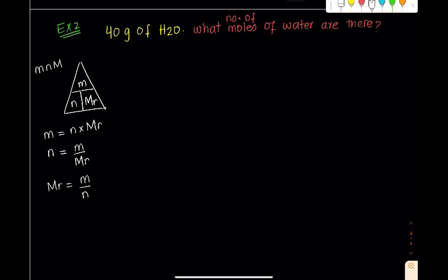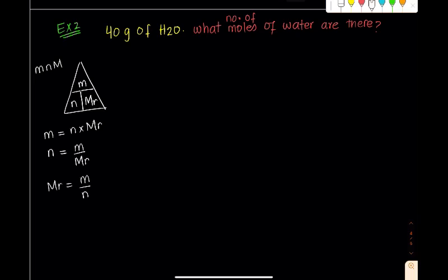This is how this triangle works, and it helps you memorize, and it helps you rearrange the equation to get the one that is missing. And there is another method, which is a ratio method. We will be using both these methods, and whatever method works out best for you, you can use that method.